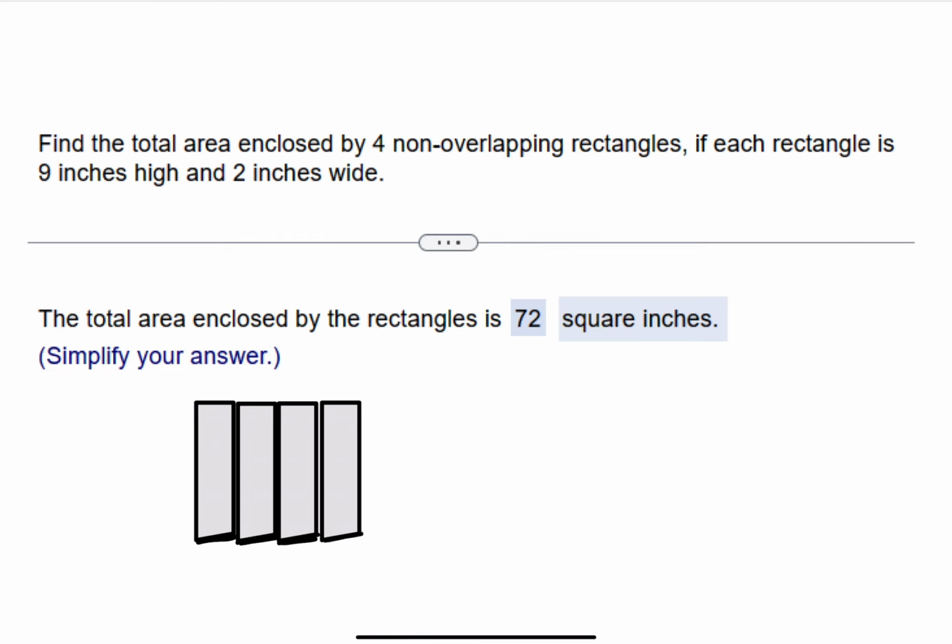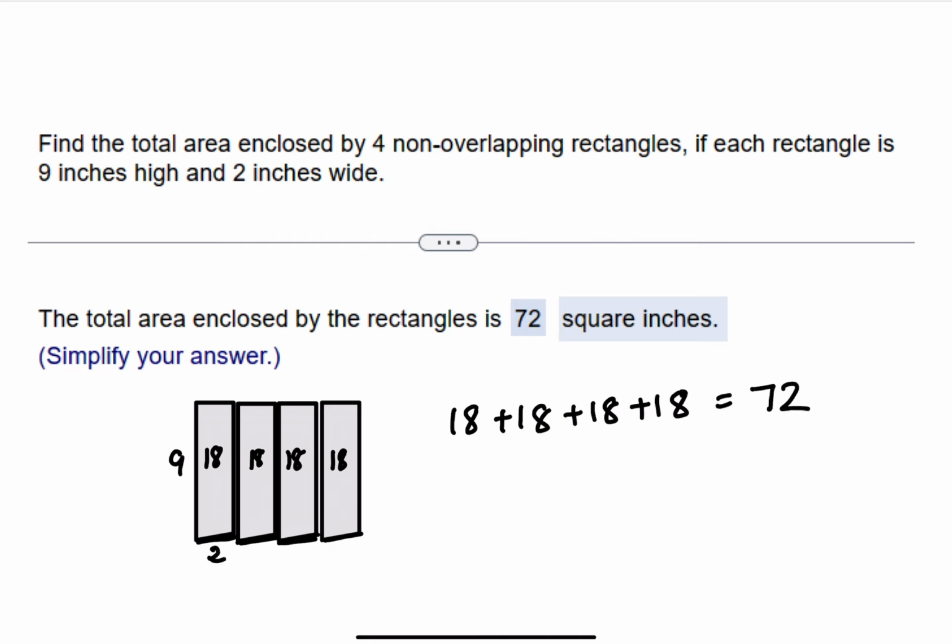They said the height is 9 inches and the width is 2 inches. So for each rectangle, the area is 9 times 2, 18. The total area enclosed is 18 plus 18 plus 18 plus 18, which is 72.